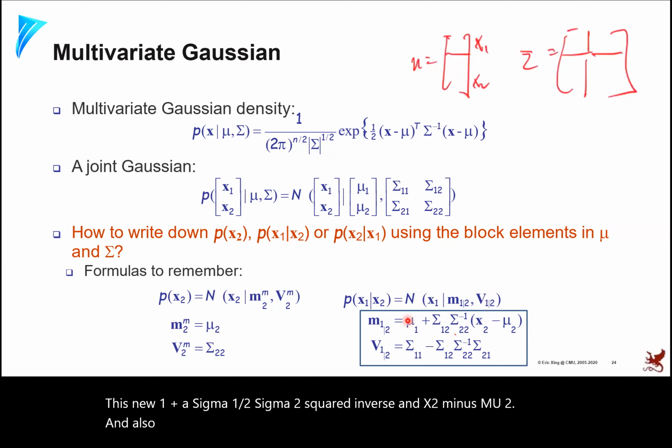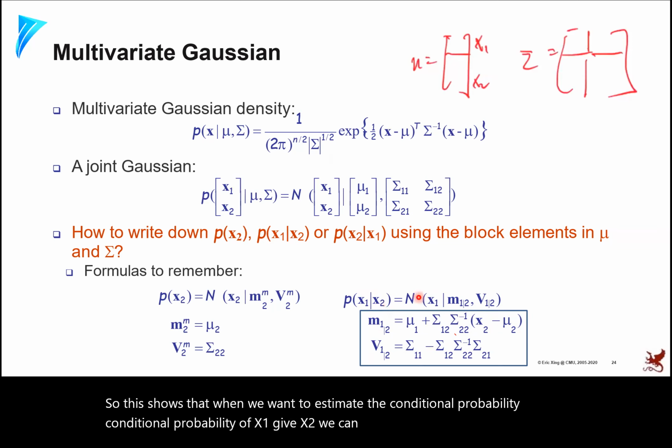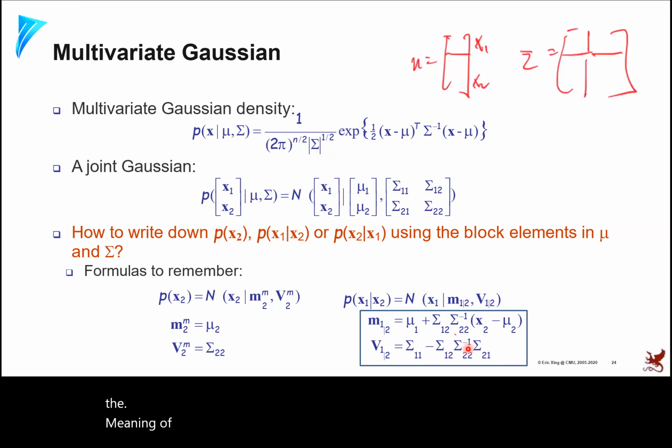So this shows that when we want to estimate the conditional probability of x1 given x2, we still get another Gaussian, with the mean and variance as a composition of the original mean and variance.